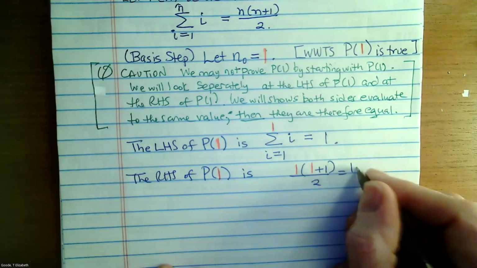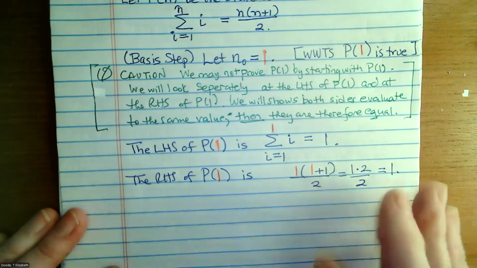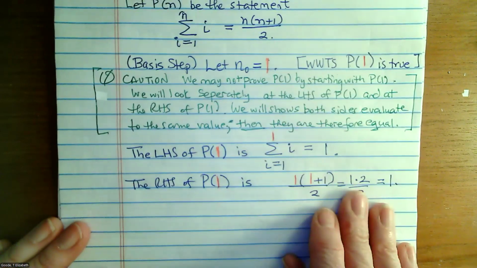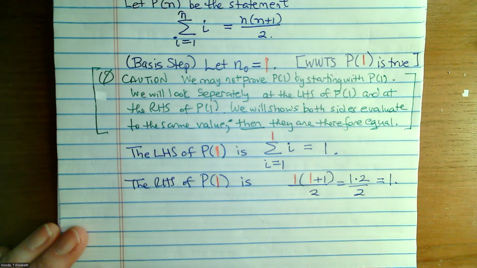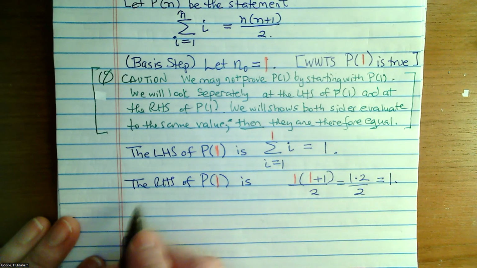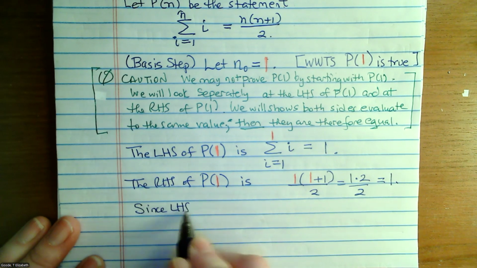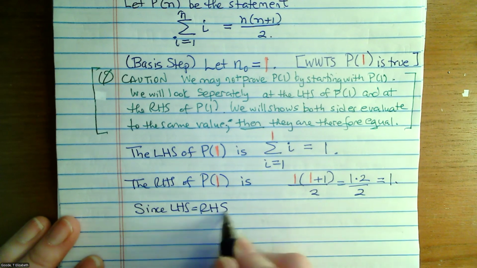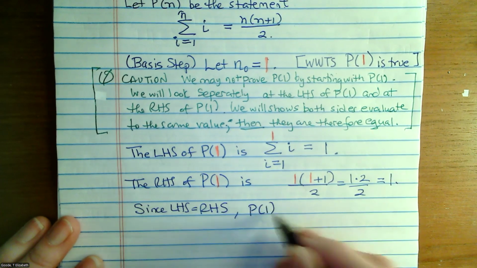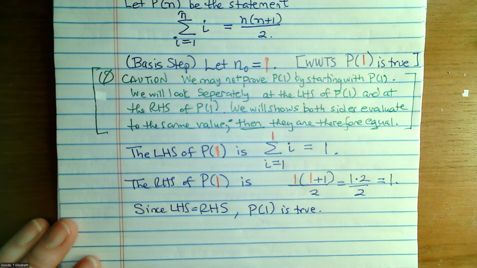Of course, that's 1 times 2 over 2, and that's also 1. Yay! The left-hand side and the right-hand side, when evaluated separately, turned out to equal the same value. So since the left-hand side equals the right-hand side, P of 1 is true, and we have just gotten ourselves onto the bottom step of the staircase. We are standing here.